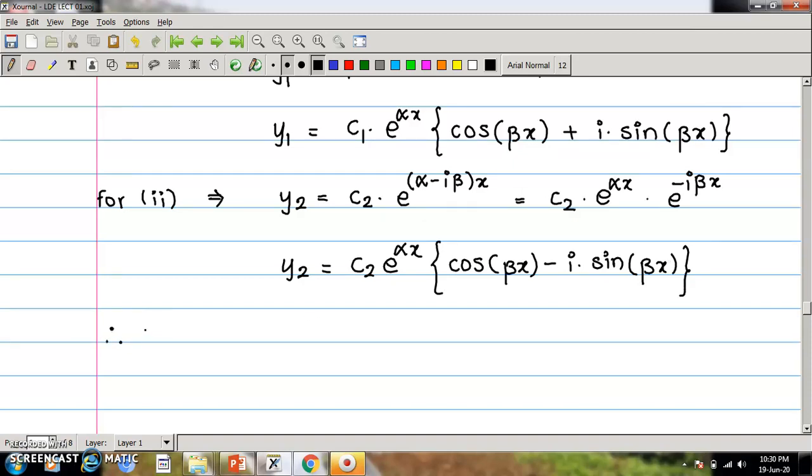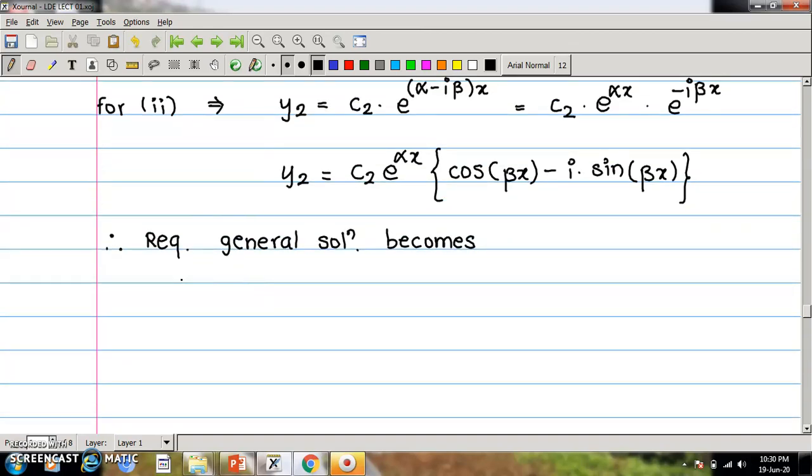Therefore, the required general solution becomes, since we have y equal to y1 plus y2, we substitute the values for y1 and y2.